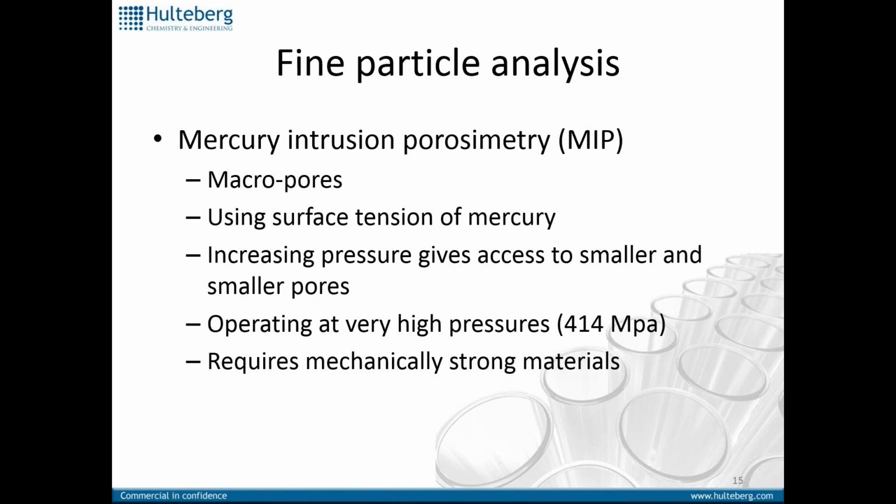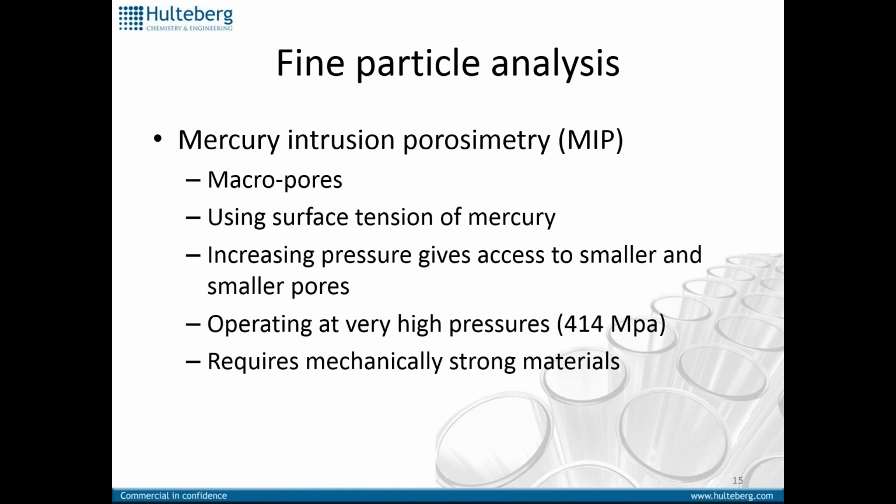The next analysis method is mercury intrusion porosimetry. This is a method for measuring macropores. Unfortunately, it's the only one, and unfortunately we have to use mercury, which of course should be minimized. So we use this method when it's motivated, much more so than other characterization methods.